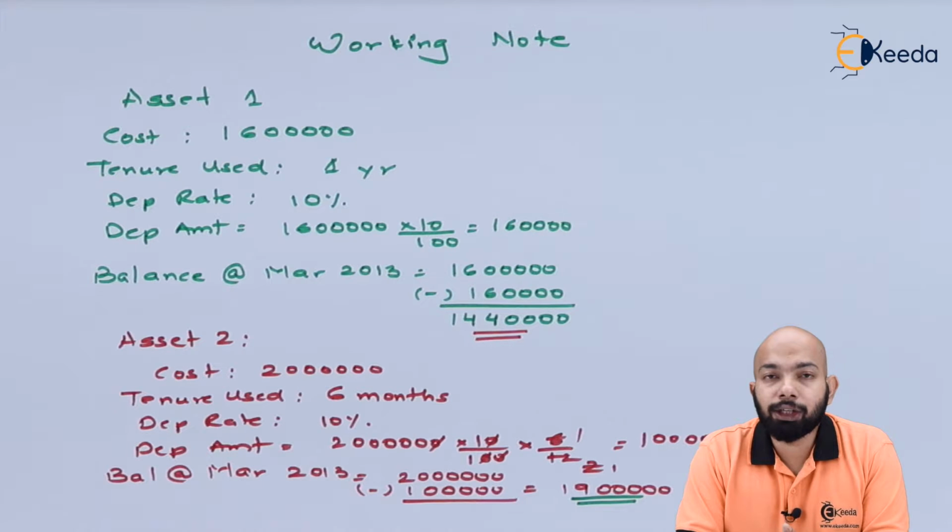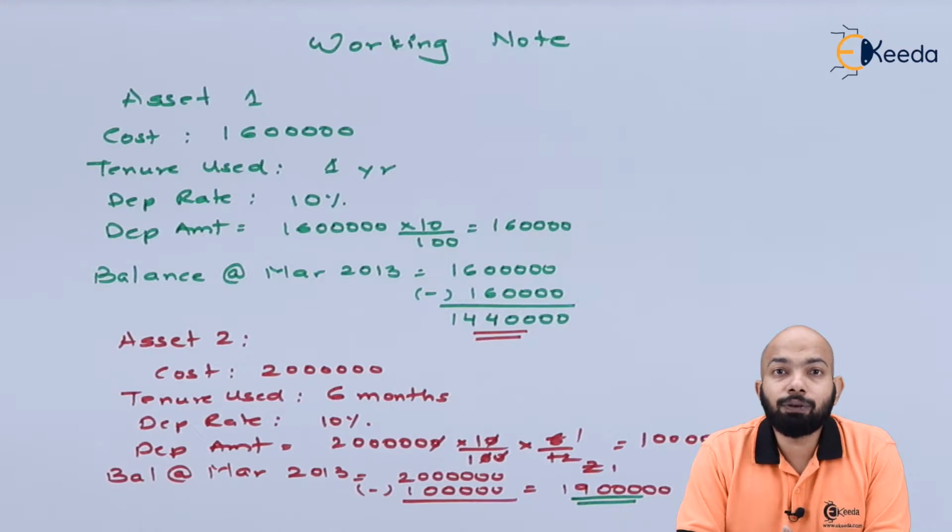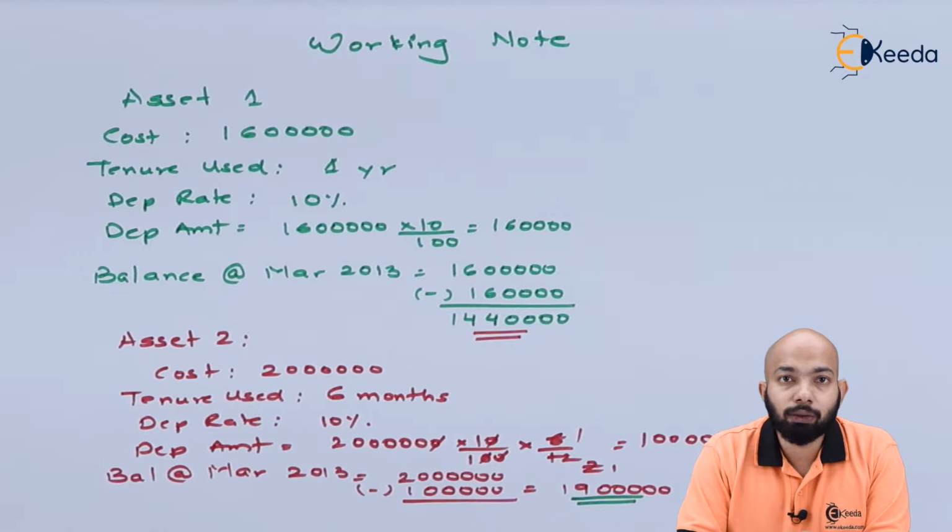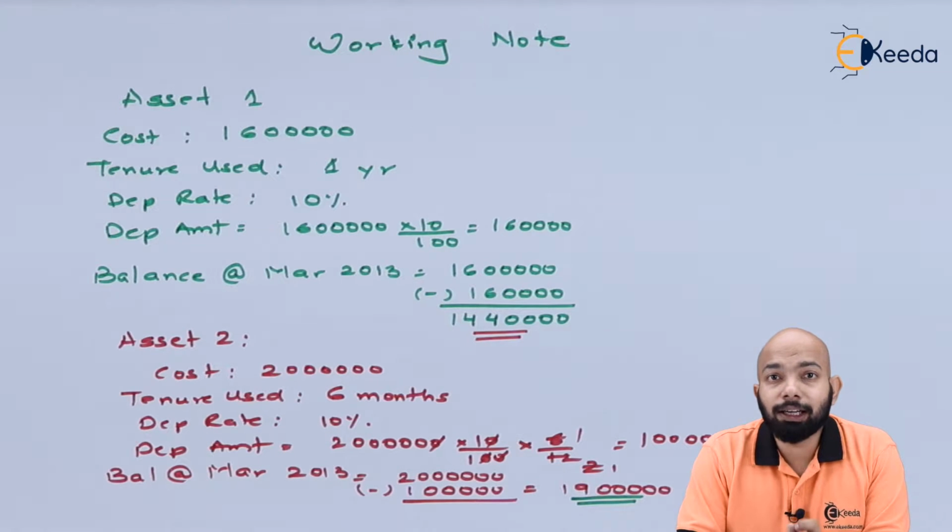At the end of March 2013, when we prepare the balance of assets as on March 2013, out of 16 lakh you have depreciated 1,60,000 as the reduction in the value of the asset, which means the total of asset number 1 will be 14,40,000 for March 2013.